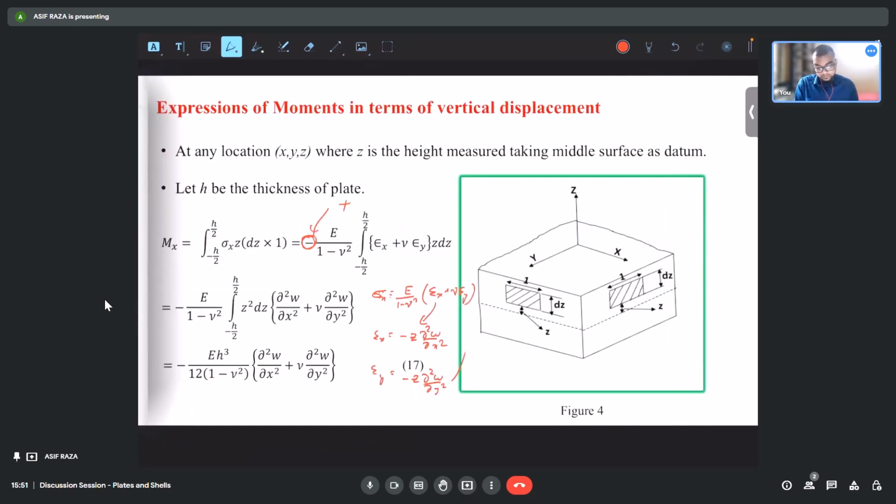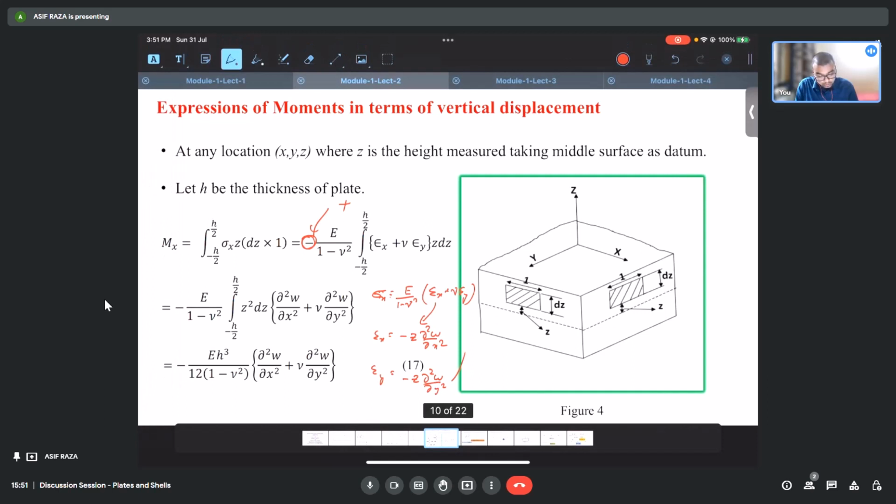Okay. So one typo which needs to be corrected is on page number 10 of module 1 lecture 2. In the equation of Mx, in the first line, in the second equation, it will be plus instead of minus, because sigma x is equal to E upon 1 minus nu square times epsilon x plus nu times epsilon y.